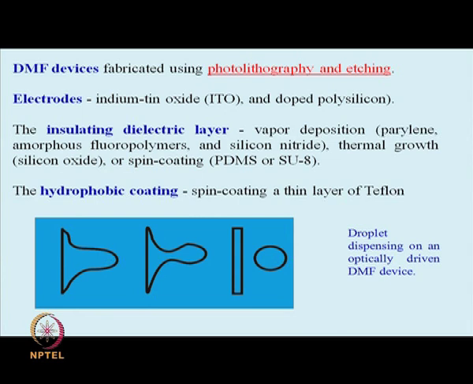So, by shining light alternatively at different points, you can make the droplet move with the light. That is fascinating. By shining light on a surface, you can bring a droplet to that point.